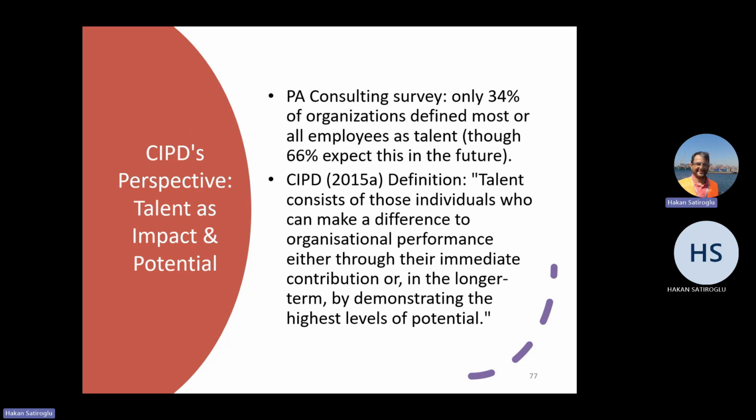So CIPD's definition offers a pragmatic lens. Here on the second line, talent consists of those individuals who can make a difference to organizational performance either through their immediate contribution or in the longer term by demonstrating high levels of potential. So these are talents. We need to look after them for sure.